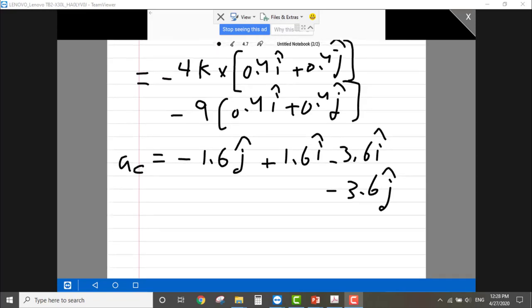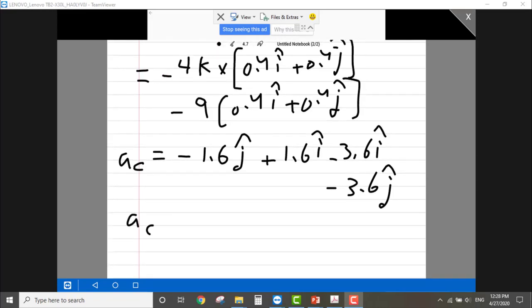So simple addition now. AC is equal to minus 1.6 minus 3.6 in the J direction, so this is minus 5.2 in the J direction.